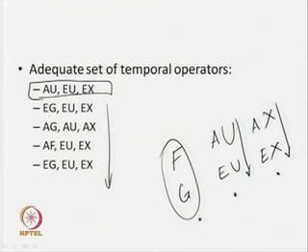Similarly here also EG, then second I am taking AG, or instead of A I am taking EU, EX and AF, or EU, EX and EG. Like that we can construct different adequate sets of CTL operators. And we can see that we need at least 3 operators. With the help of 3 operators, we can express the other 5 also. So, we are going to get several adequate sets of CTL operators.